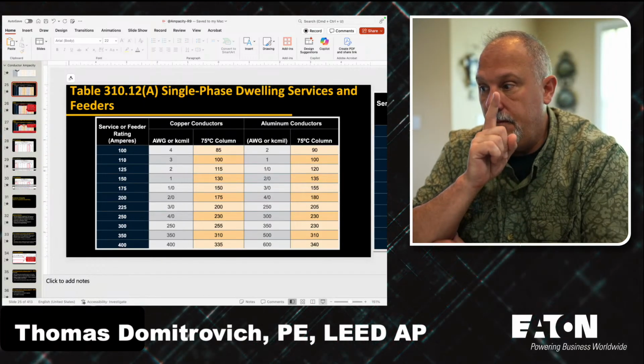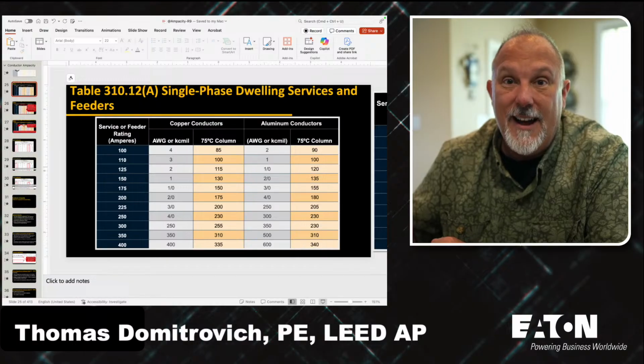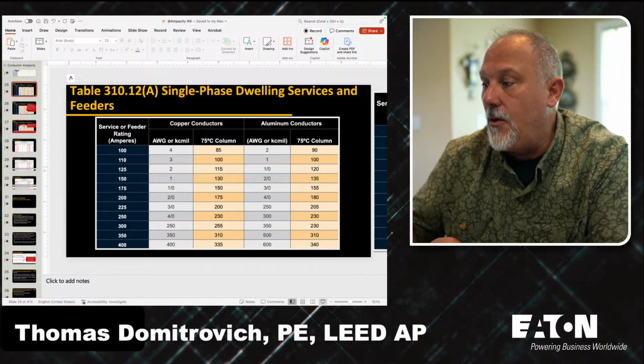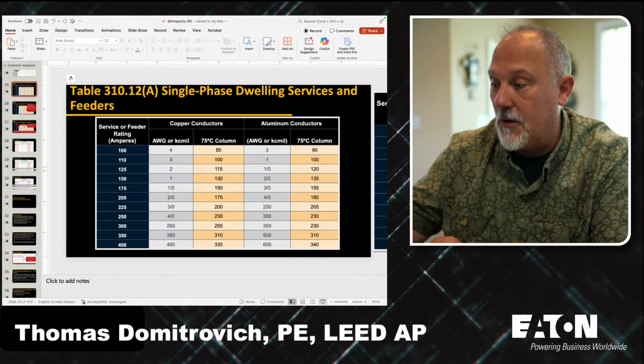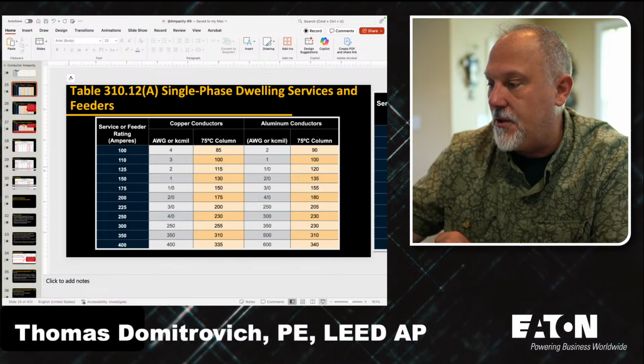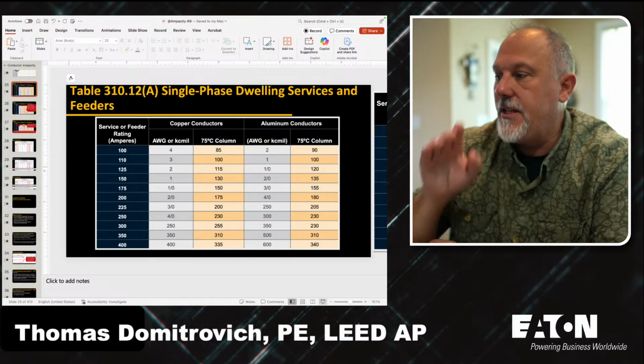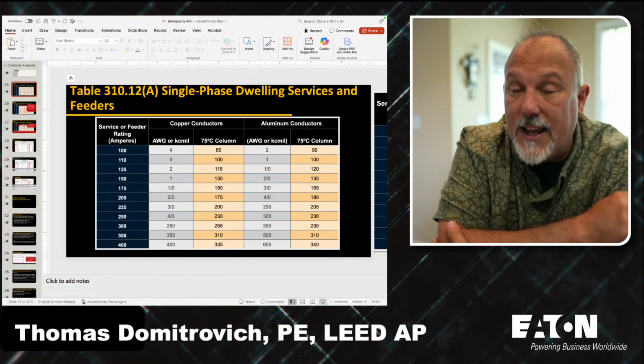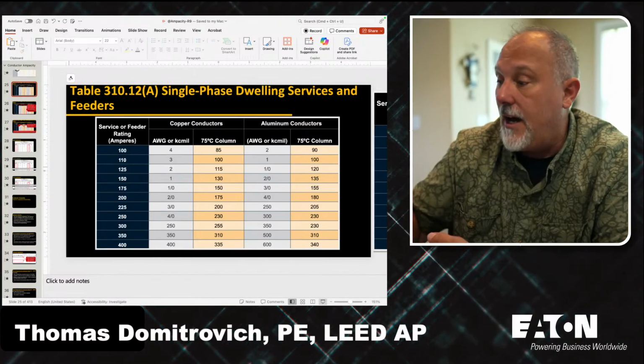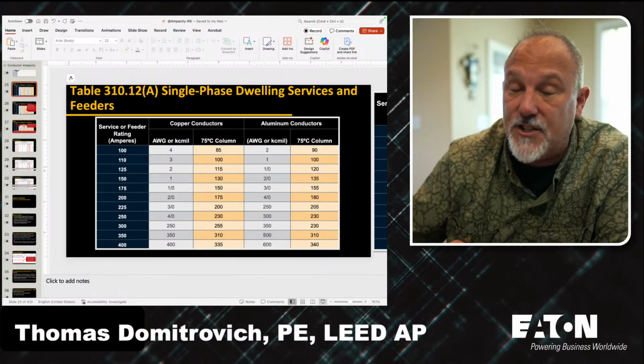Now, if I would say, oh no, you can go to the next higher overcurrent device and protect that number 2 with a 150 amp breaker, now I've got a problem, because now you're violating the UL standard, because I don't test a 150 amp breaker with a 2 gauge conductor on it.